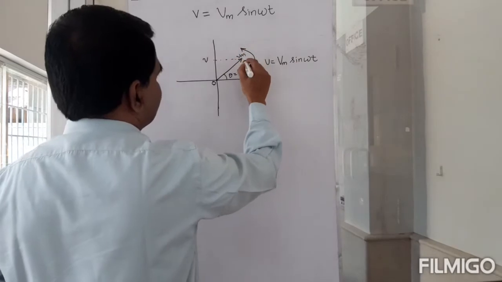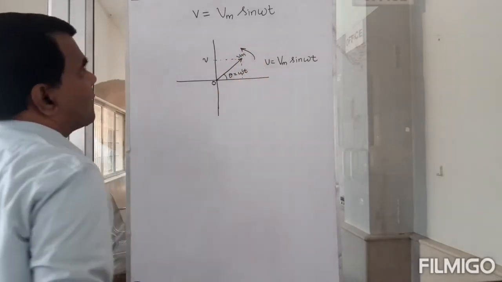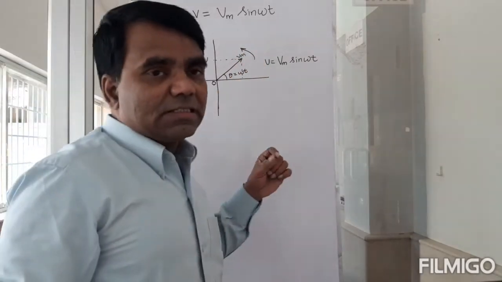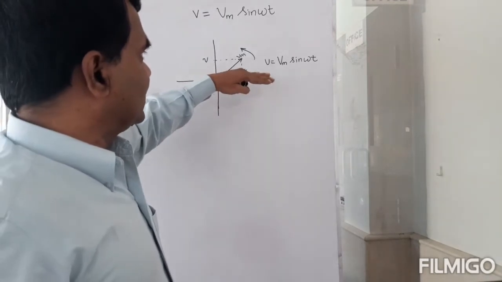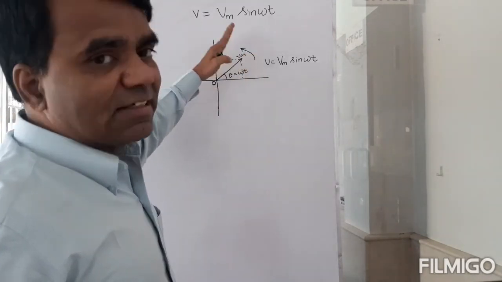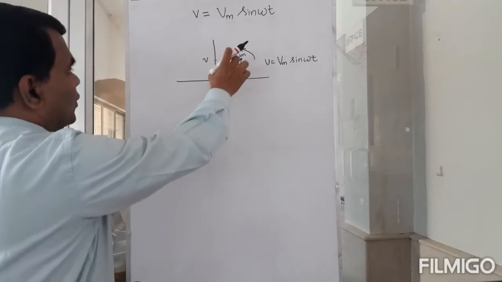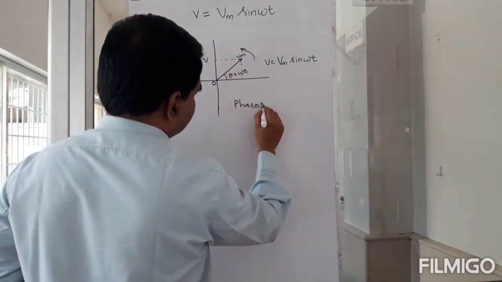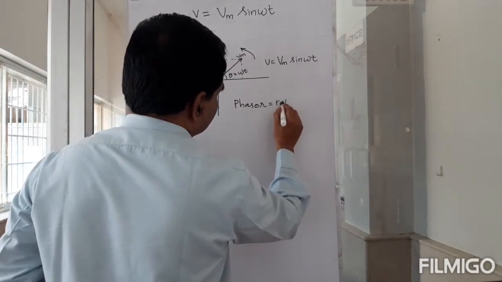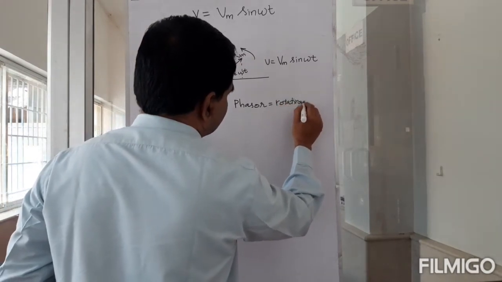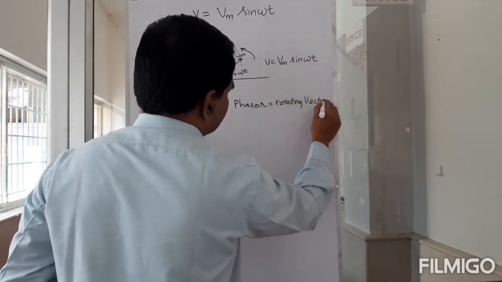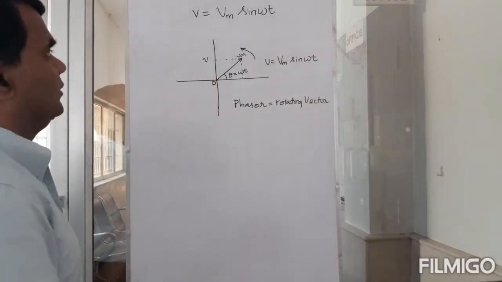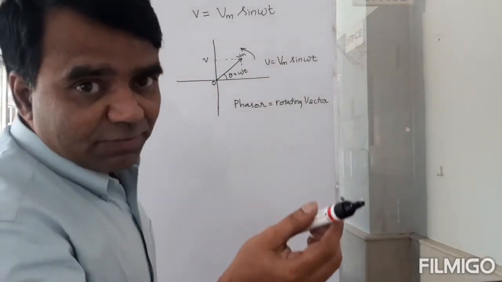So that's the value of V. This is what you call a phasor. Okay, a phasor is a rotating vector.